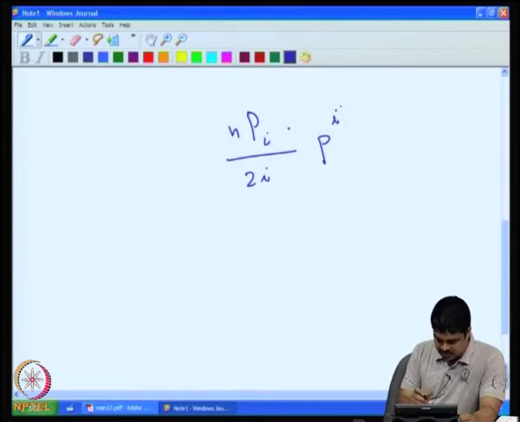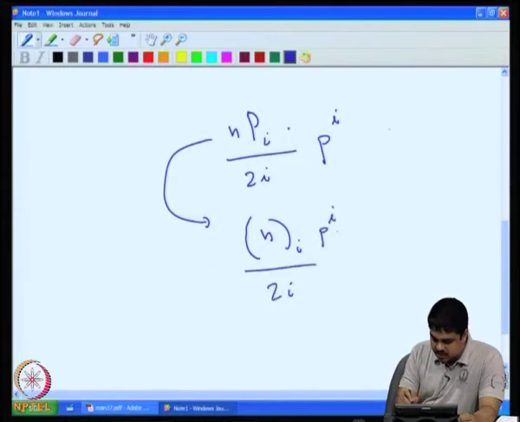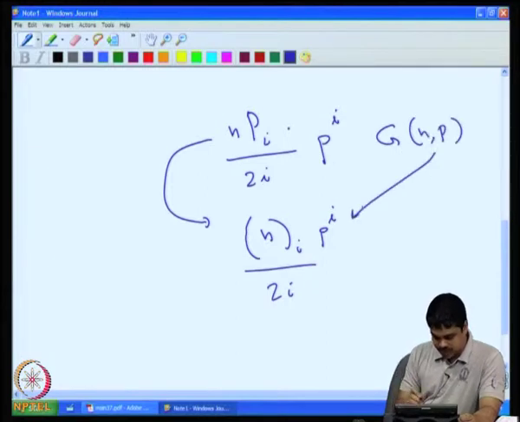This n P i is another notation for n factorial over n minus i factorial, and p is the probability of the G(n, p), p raised to i, is it not.